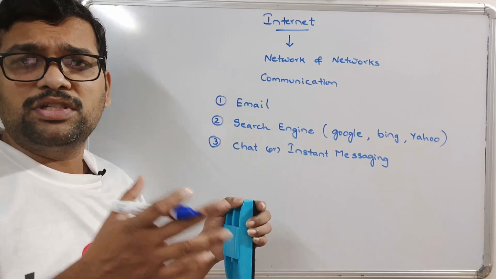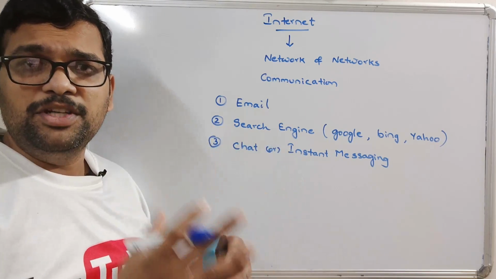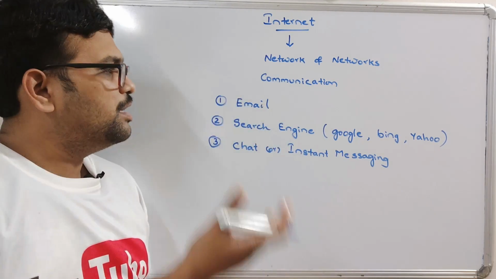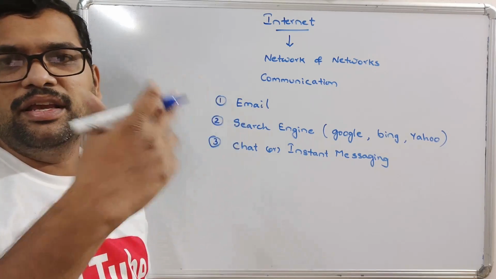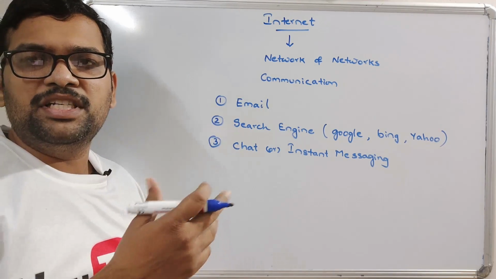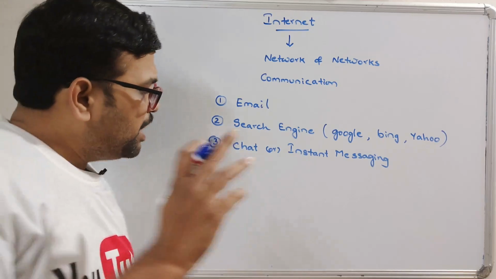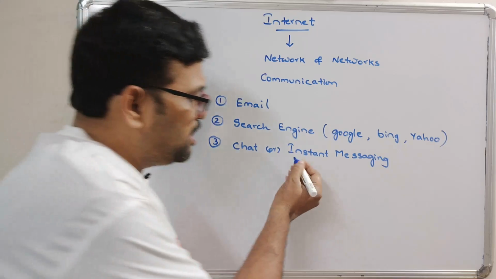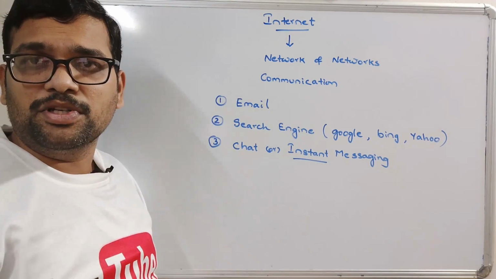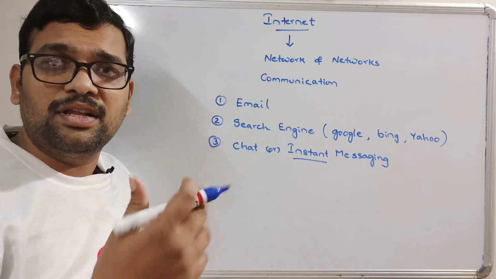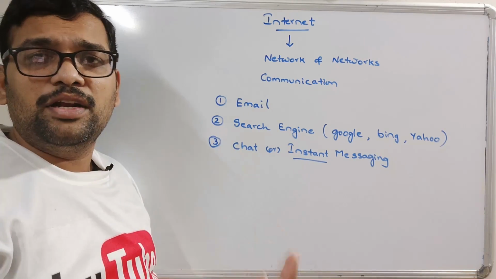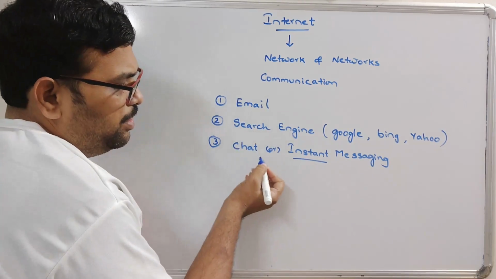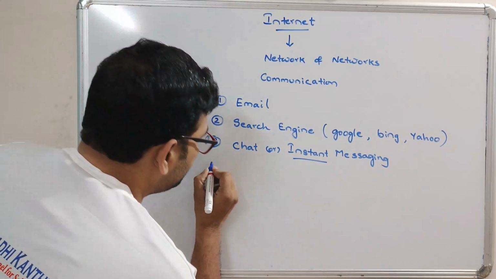There will be one inbox, and all the messages sent by the sender will be stored in that inbox, and whenever the receiver switches on the internet and logs into the email, only then can he or she read the messages from the inbox, right? But chat or instant messaging, the name itself indicates, instant means immediate response. If both the sender and receiver are online, they can directly communicate through text or voice, right? That is chat and instant messaging.